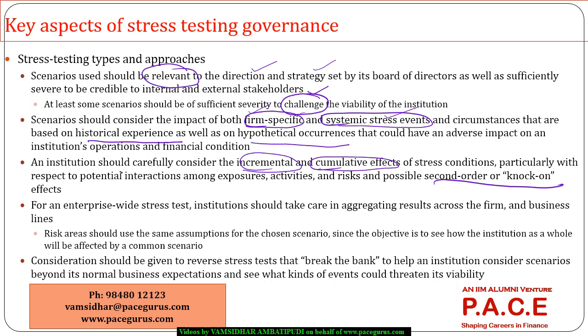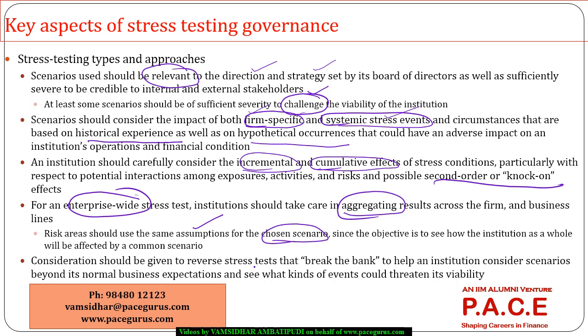So that is one more area where, with respect to the types and approaches that we are implementing, the focus should be. When you are conducting a stress test at an enterprise level, the procedures of aggregation of the results from all the various individual business departments and business lines need to be taken care of. The same set of assumptions for the chosen scenario have to be used consistently across the organization.